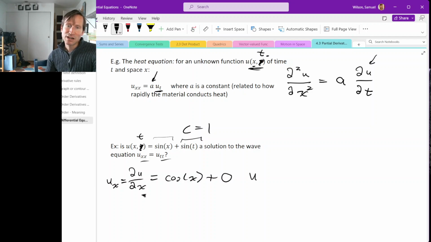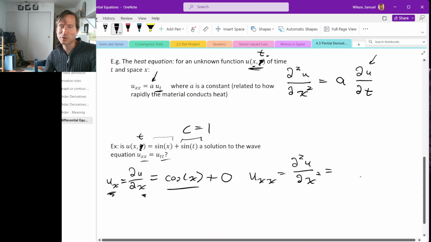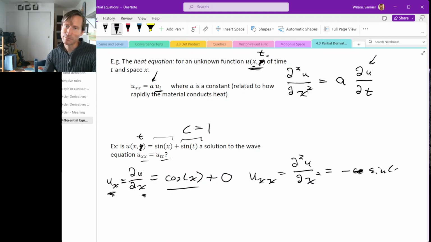All right, now we can calculate u_xx. That's the second derivative of u with respect to x, so partial squared u partial x squared. So now we take our u_x and take one more derivative with respect to x. So that's going to give us minus sine x.